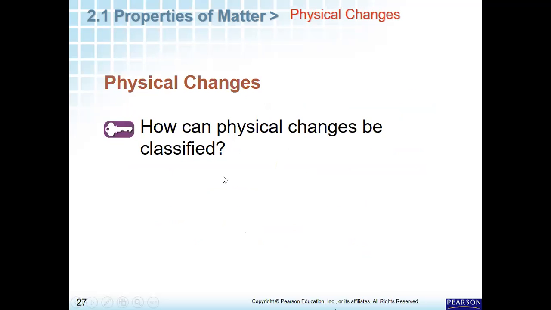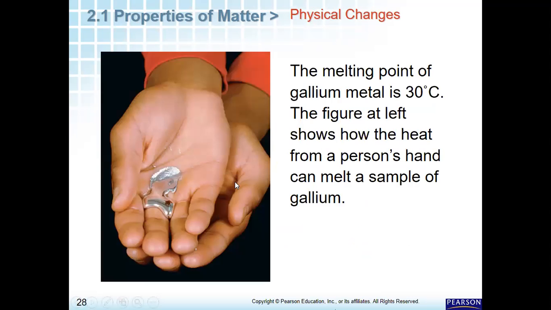How can physical changes be classified? Physical changes can be reversible or irreversible. For example, melting something like gallium, it depends on 30 Celsius temperature. So 30 Celsius degrees is enough to melt it.